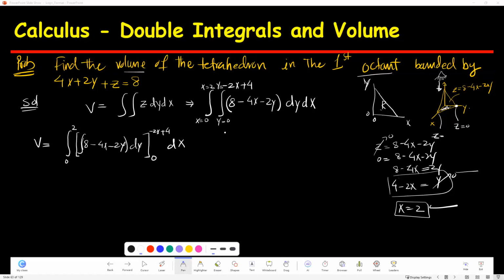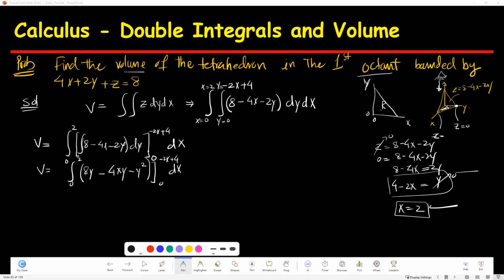Okay, if I take the integral, it is going to be 8y minus 4xy, and then 2 divided by 2 is going to be 1y squared, so minus y squared. Close this, putting a big parenthesis: minus 2x plus 4, 0 dx.